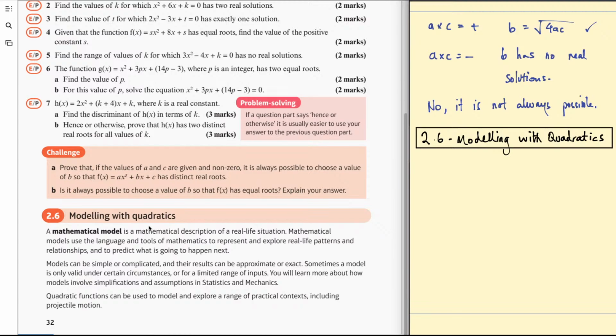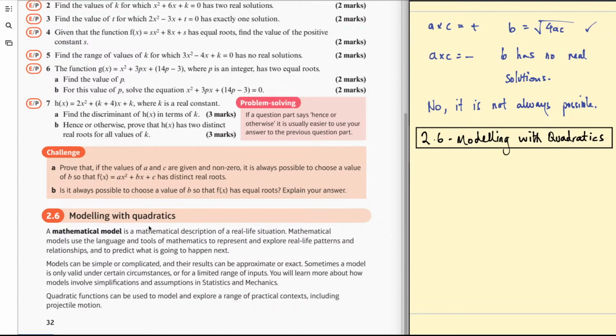If you can model a certain situation, that allows you to predict what's going to happen. It can also allow you to recreate that situation. So for example, quadratics are used for modeling all sorts of projectiles that are governed by the forces of gravity mostly, and that generally follows the pattern of a quadratic.